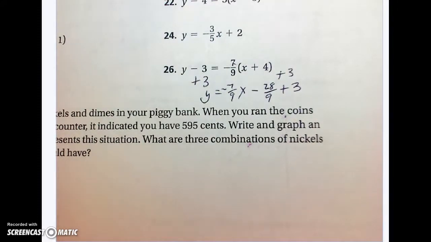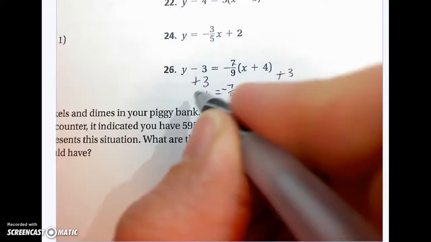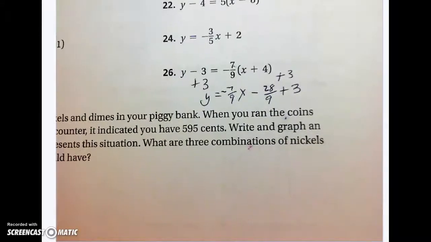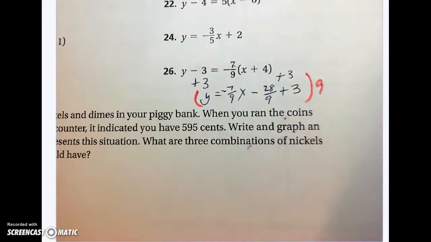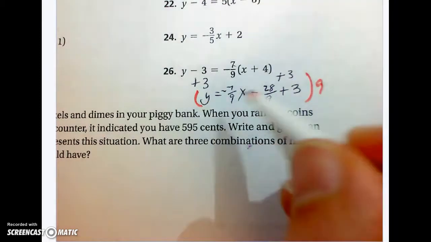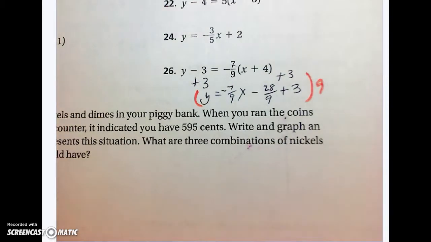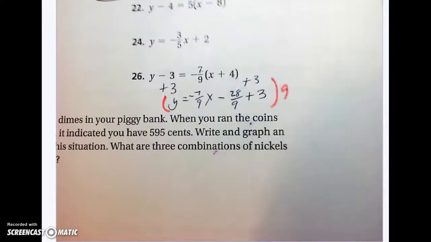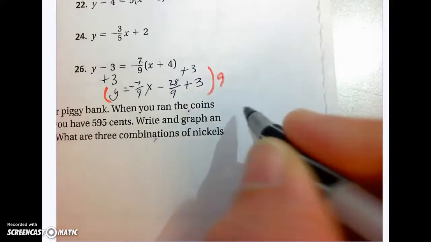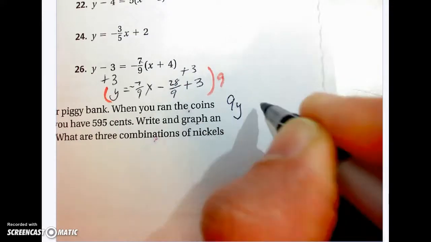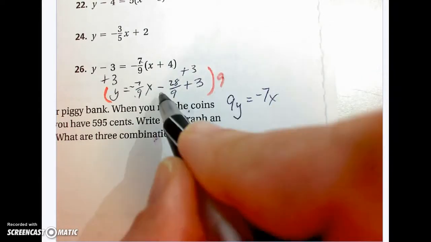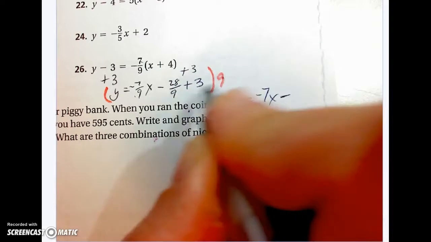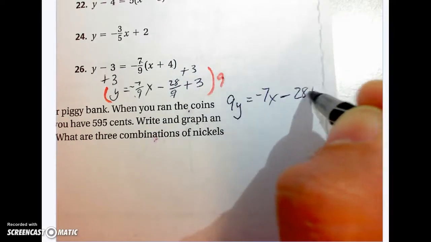Okay, I want to get rid of that 9 in the denominator. So I'm going to multiply everybody by 9. So 9 times y is 9y equals negative 7x, because these two 9's cancel. So minus, the 9's cancel again, 28 plus 3.